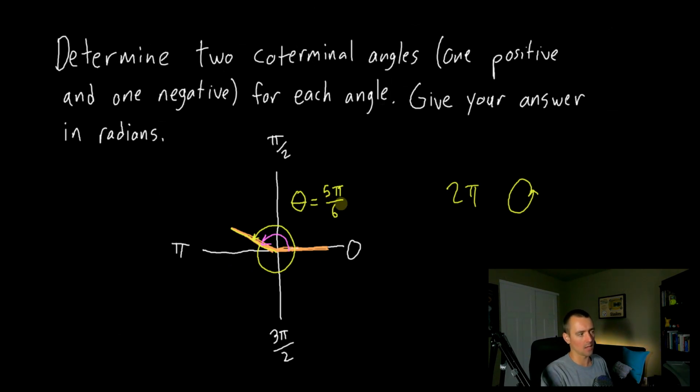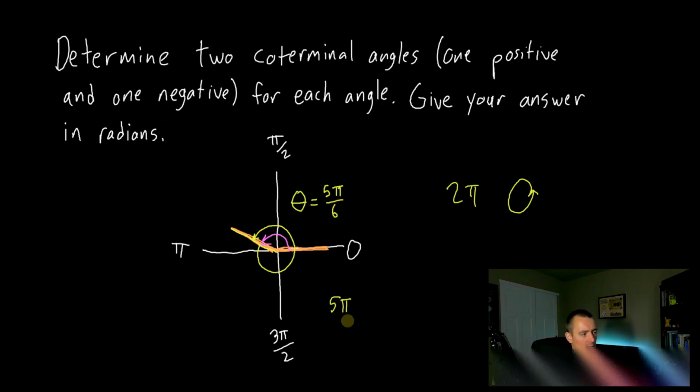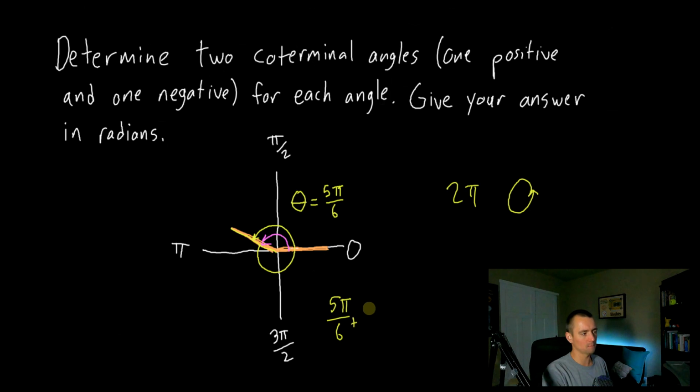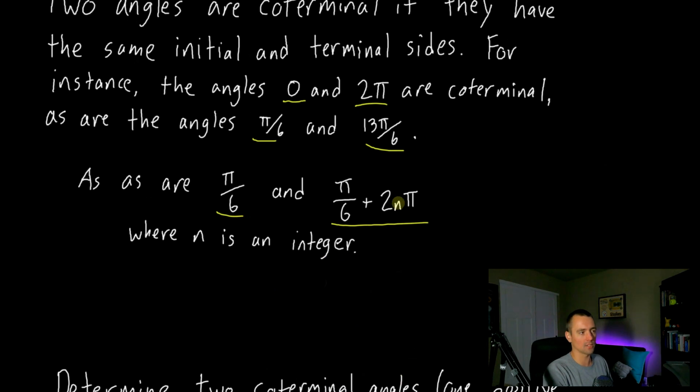If you take an initial angle, 5 pi over 6, and add 2 pi, that gives you a coterminal angle. Then you could add 2 pi again. So this would be like we have an n of 2. We've essentially added 2 pi twice. So this n is just telling you how many times you're adding 2 pi to the initial angle that you started with. And that could be negative 2, so you could subtract 2 pi.